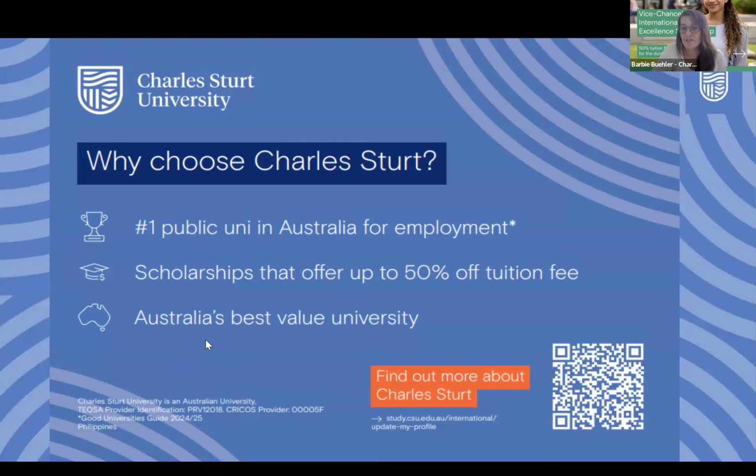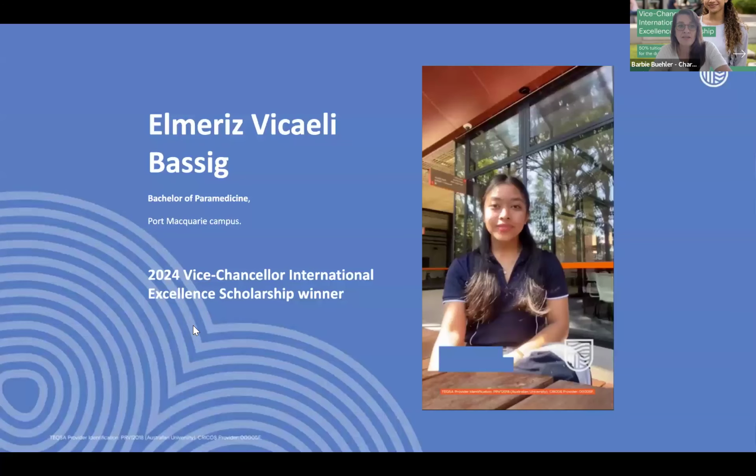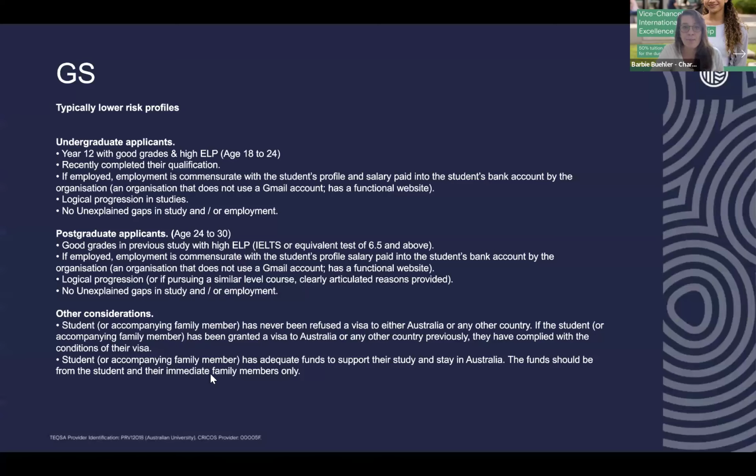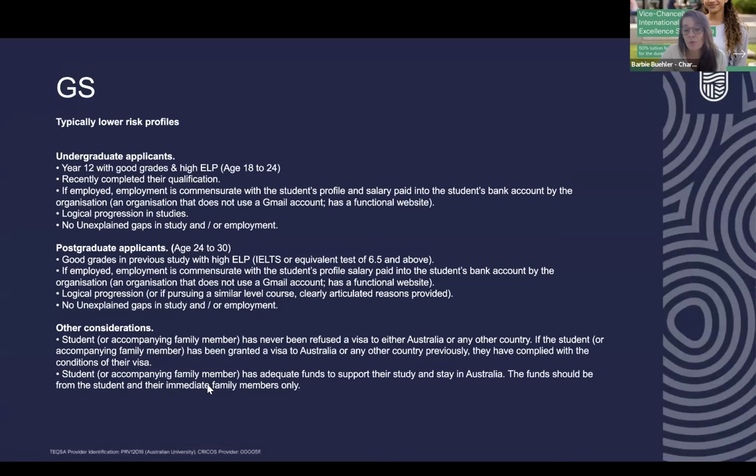This is not set in stone, but this would indicate what a bachelor student looks like. So let me just go back to those pages. Basically, a student who is applying for a bachelor would usually be in the age group between 18 and 24, because these are the students who have recently graduated from high school.